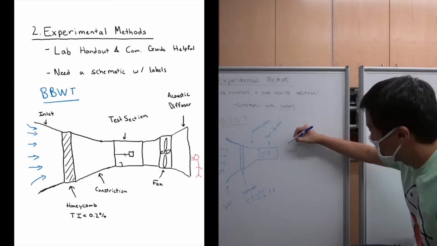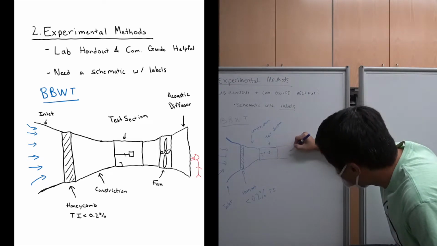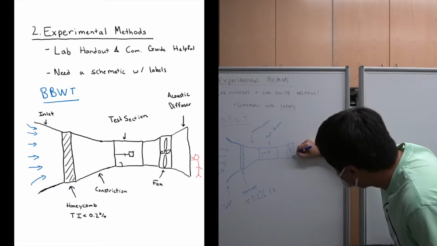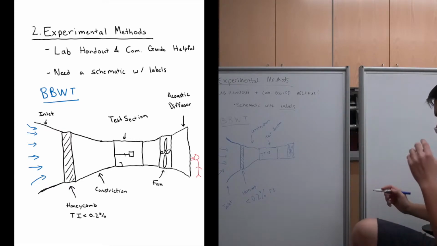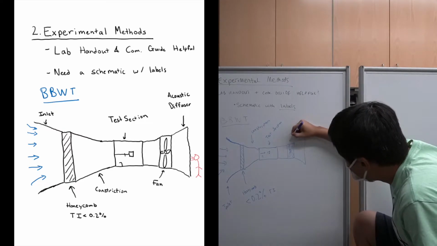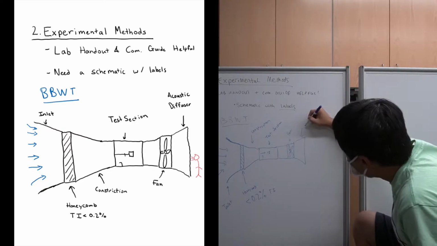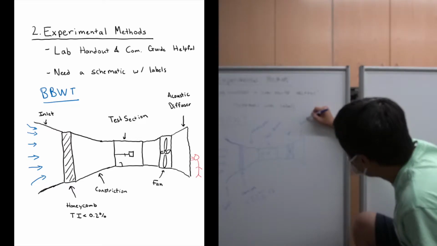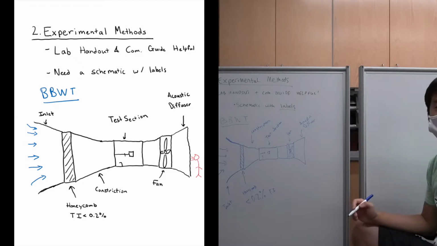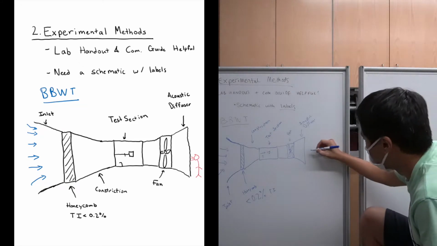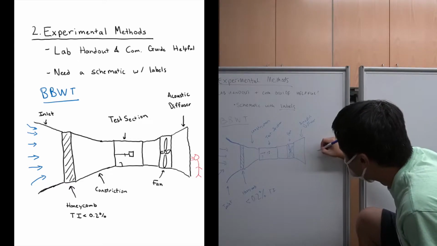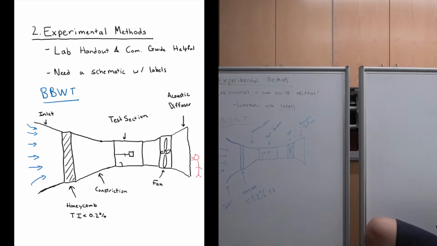After the test section, we have our fan, and this is what's doing the sucking of the wind. This actually drives the flow. And after that, we have our acoustic diffuser at the end. If you remember from our FM1 lab video, this is where we had our lovely assistant James go in and kind of yell, and the sound diffuse. So it works very well.